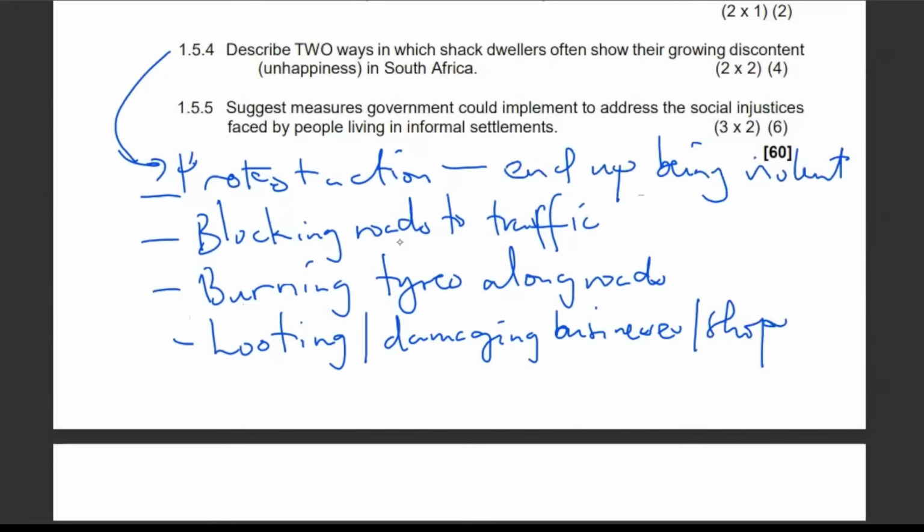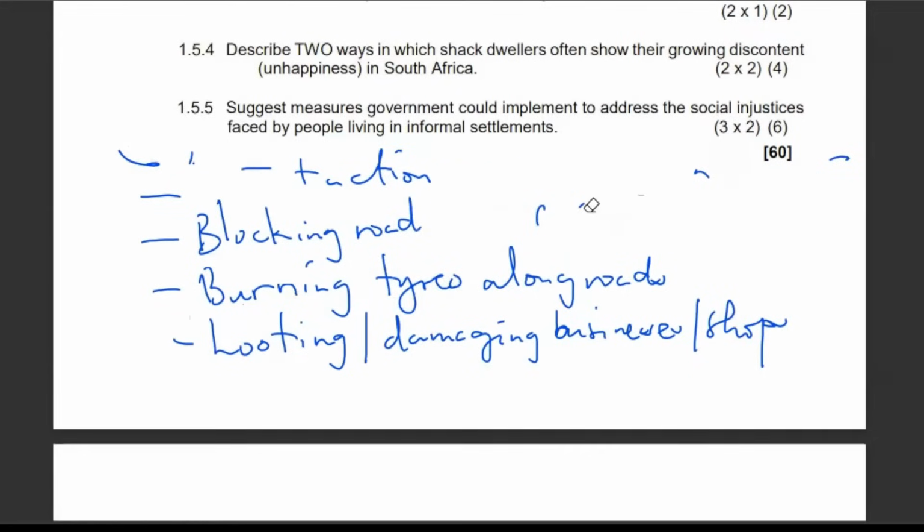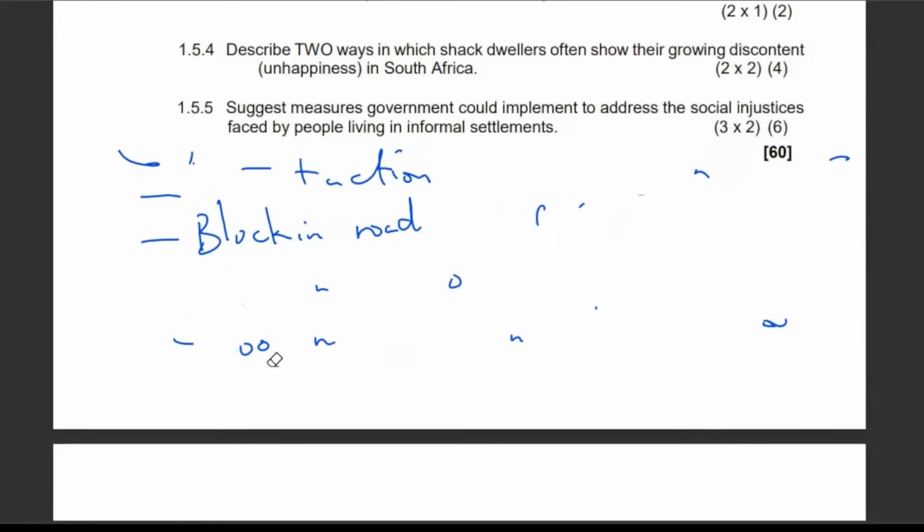We move on to the last part of question number 1.55. Suggest measures government could implement to address the social injustices faced by people living in informal settlements. What can be done to try and improve the conditions of life of people living in informal settlements? This is now the duty of the government.